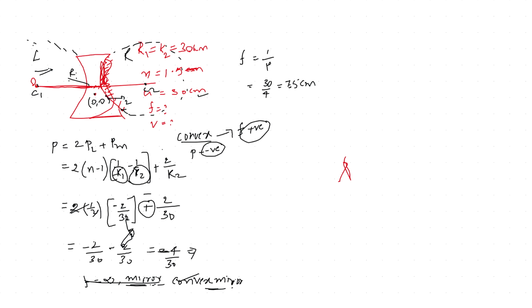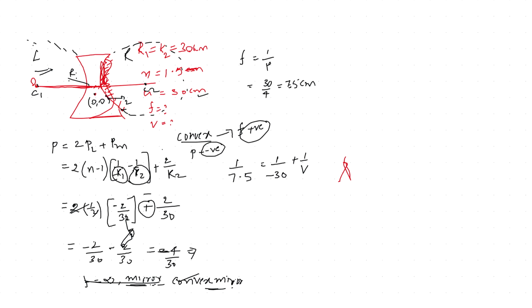Therefore, 1 by 7.5 is equal to, by the mirror formula, 1 by u. U is always negative. So that is minus 30 centimeter plus 1 by v. I need to find the v value. So no need to apply the sign convention.